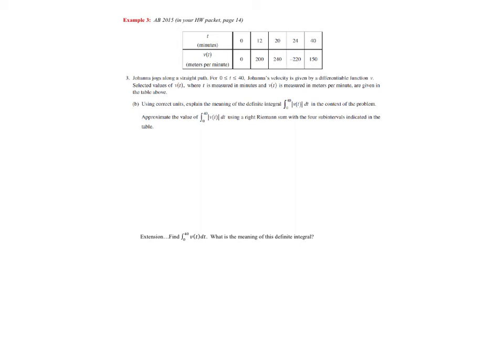So when we talk about the absolute value of v of t, if she jogs for 40 minutes, the integral from 0 to 40 of the absolute value of v of t indicates the total distance traveled on the jog.